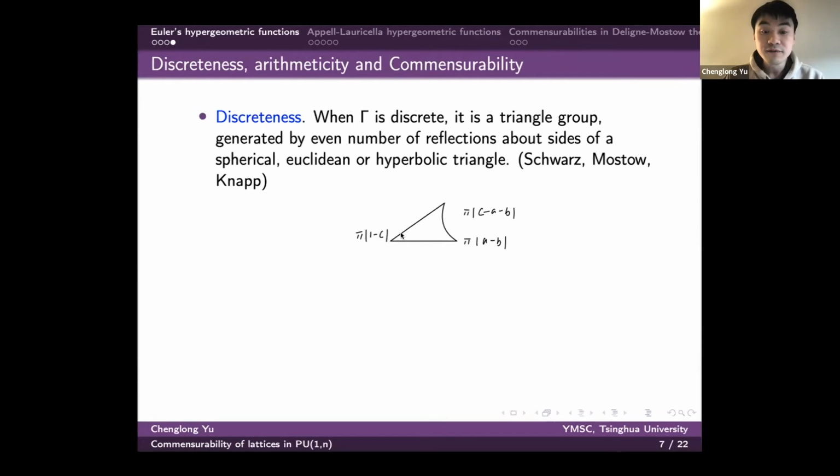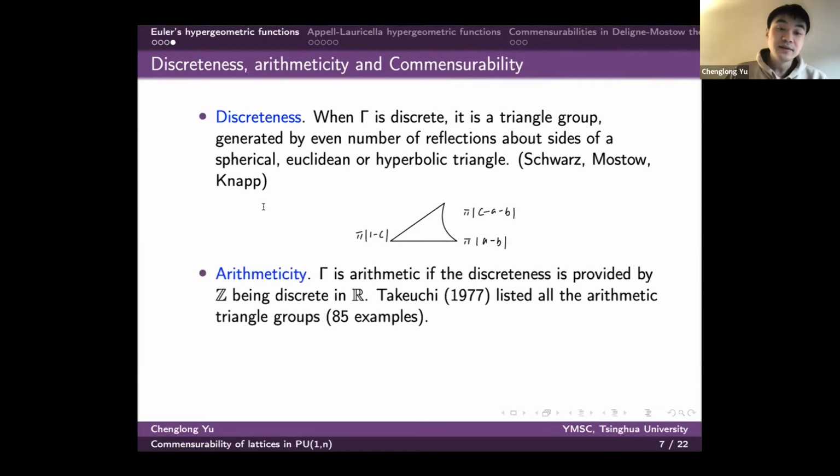The angles of this triangle are just pi times 1 minus c and some other numbers related to A, B, C. This was found by Schwarz, and he also classified all the finite ones, since he cares about whether the hypergeometric function is algebraic or not. The complete classification of discrete triangle groups was done by Mostow and Knapp independently.